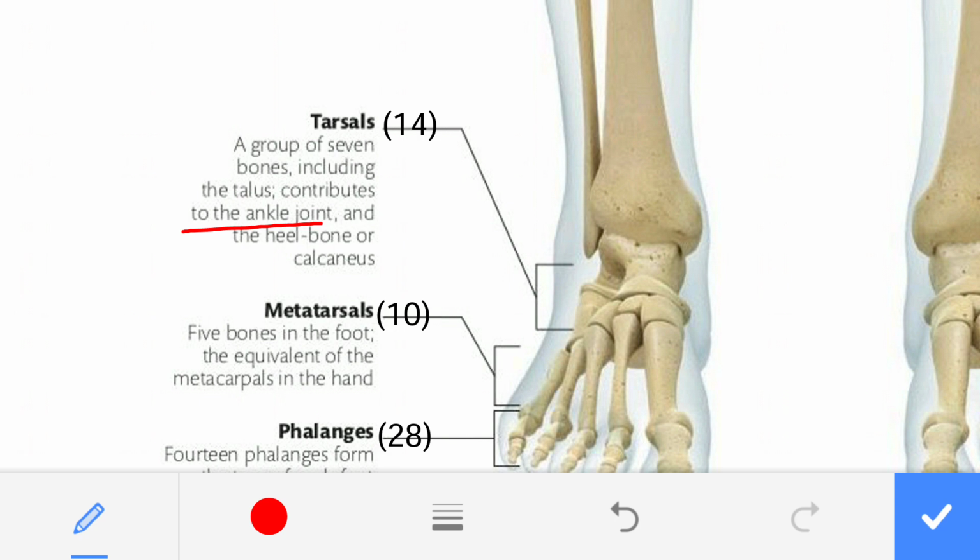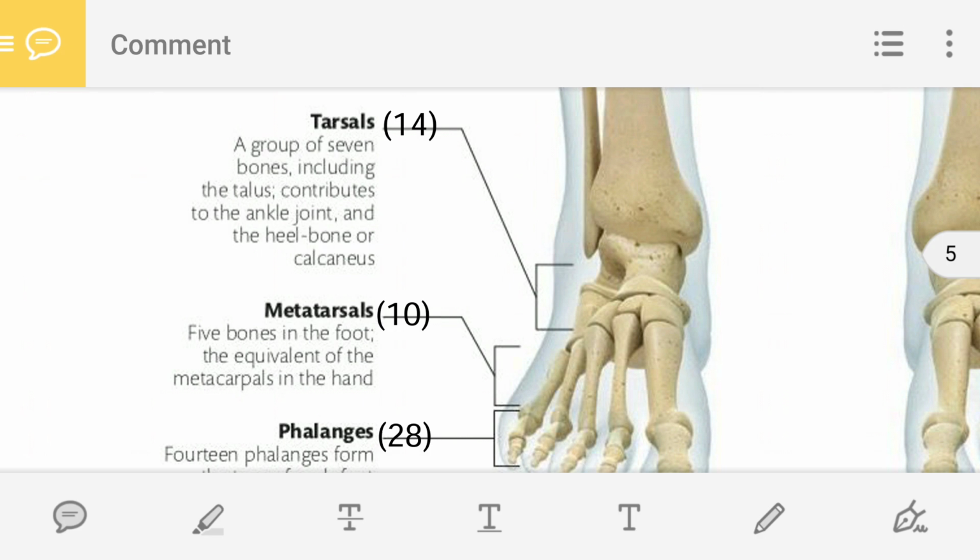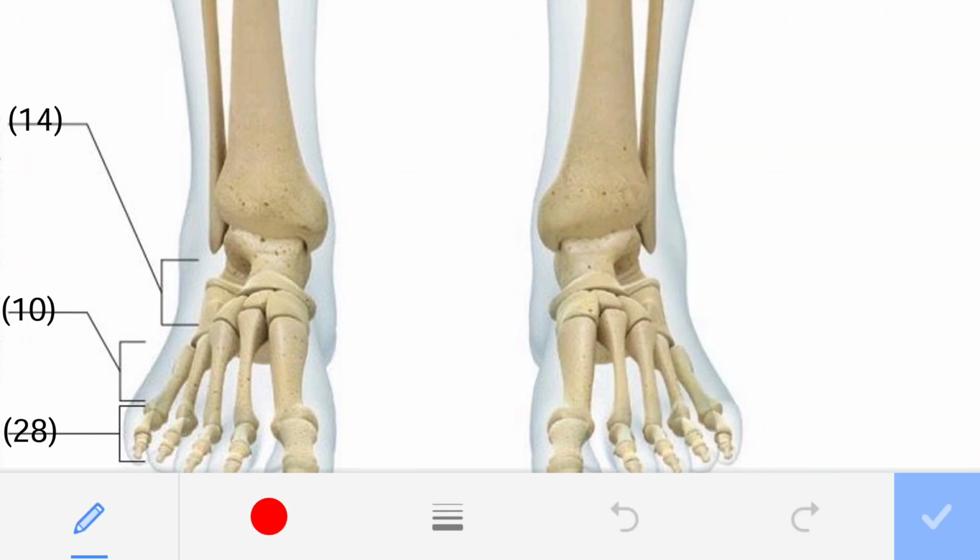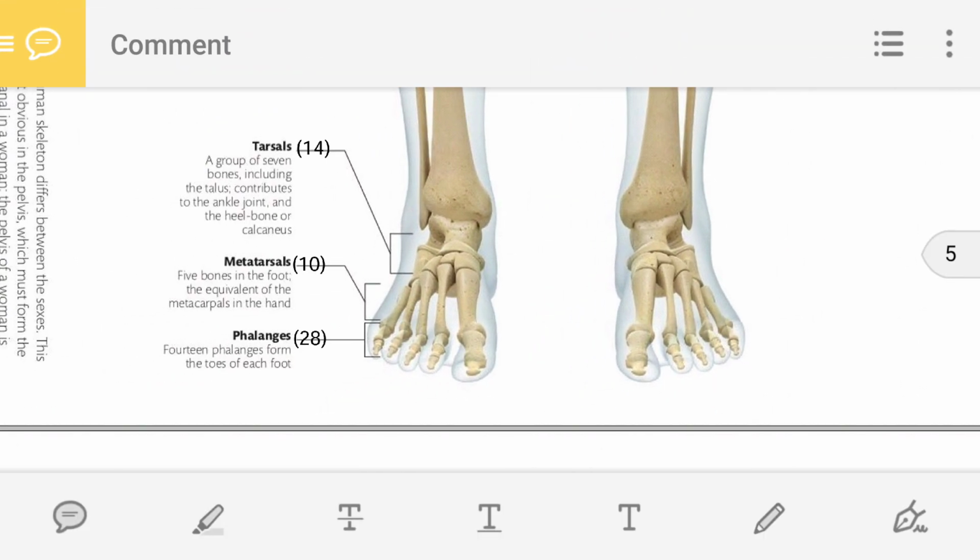There are seven of these bones. These are the 7 tarsals of our ankle joint. And on this side also there are 7 bones.